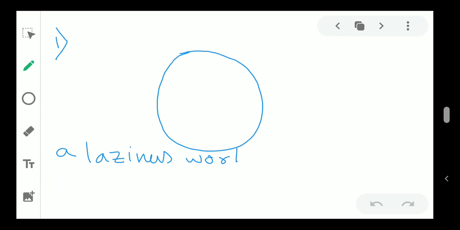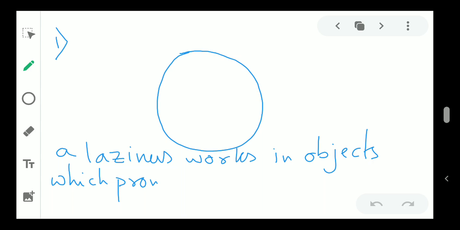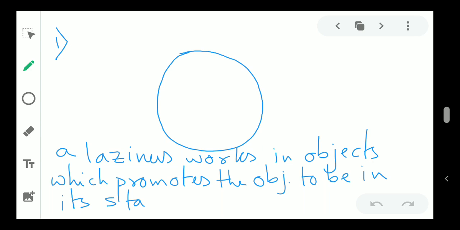works in objects which promotes the object to stay in its state of motion.